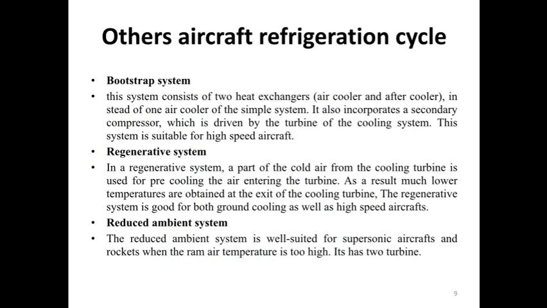This system is suitable for high speed aircraft, and especially high altitude. Then another is the regenerative system. In the next slide we will discuss the TS diagram of the bootstrap.